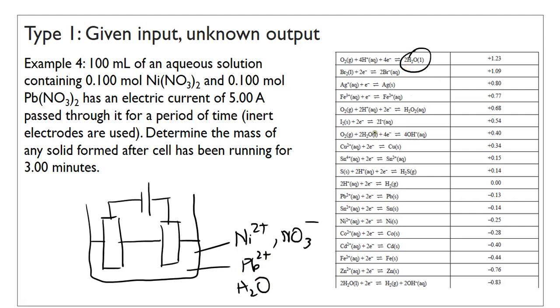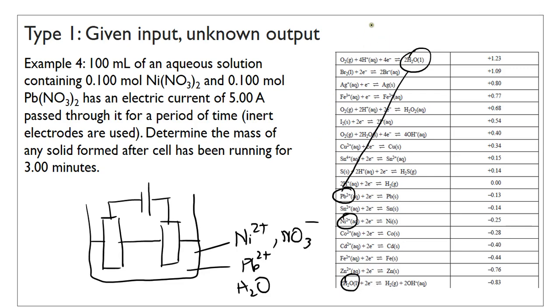Yes, nitrate ion is a spectator ion, so you don't have to worry about it. All right, so the reaction is going to be between water and Pb2 plus.